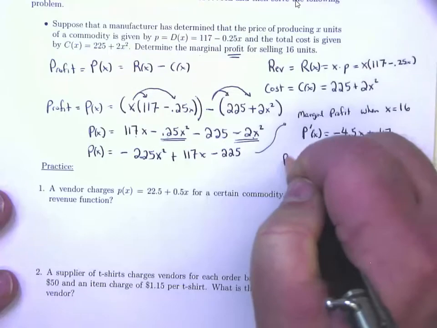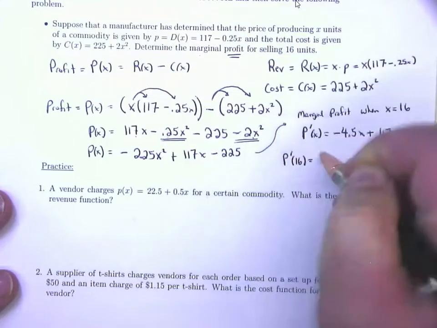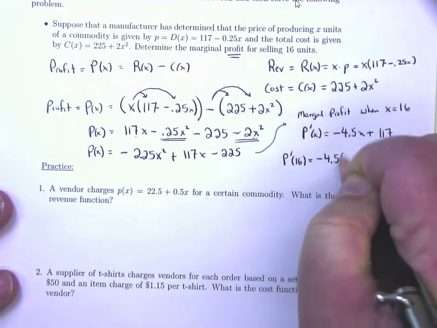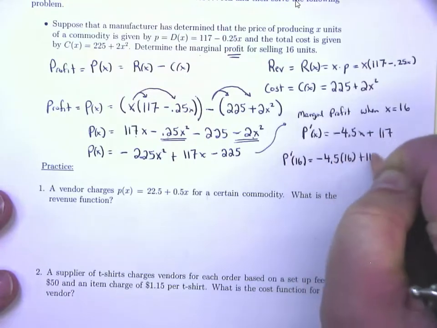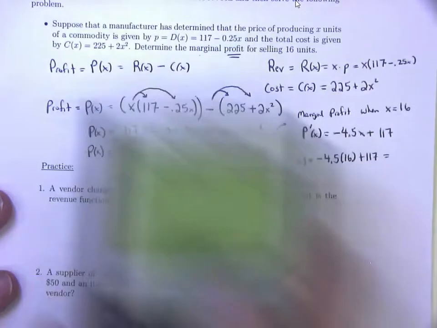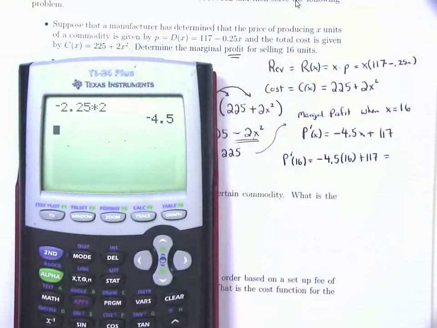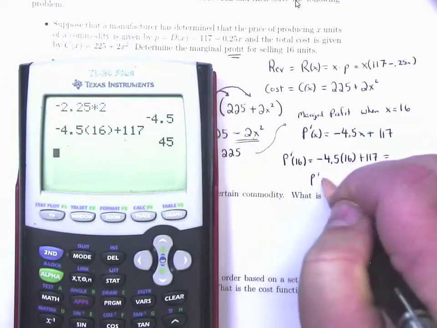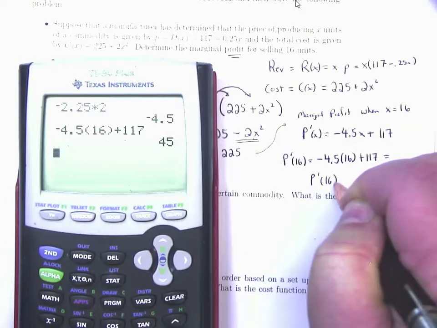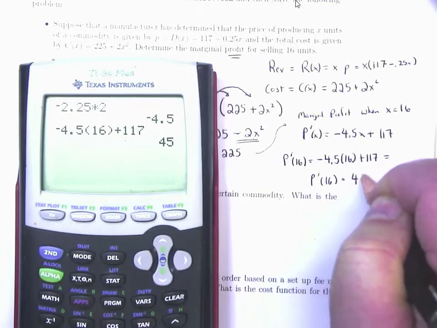So P prime of 16 is going to be negative 4.5 times 16 plus 117. And again, I'll put this on the calculator. Negative 4.5 times 16 plus 117, P prime of 16 is equal to 45.